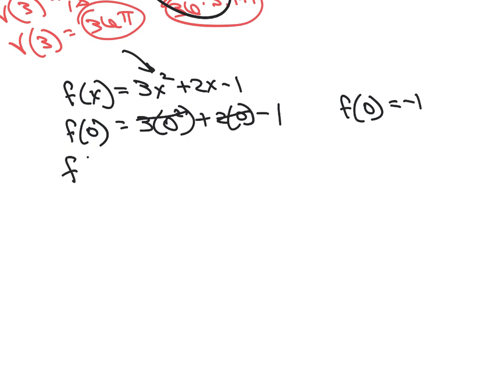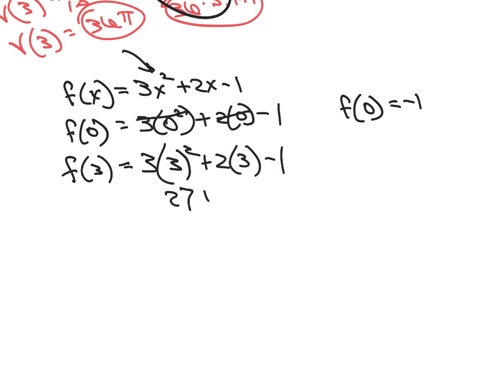What if I have f of 3? That is 3 squared. So this is 27 plus 6 minus 1, so f of 3 equals 32. So see what we're doing?